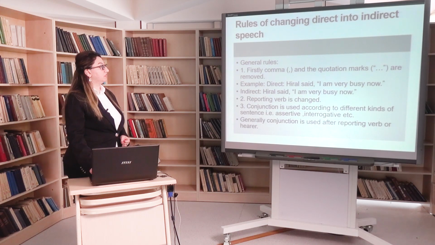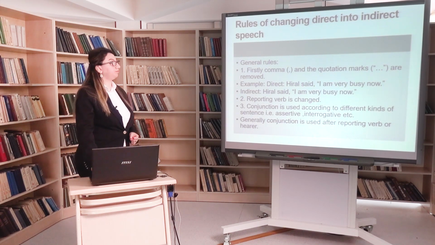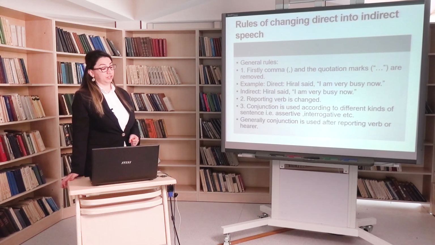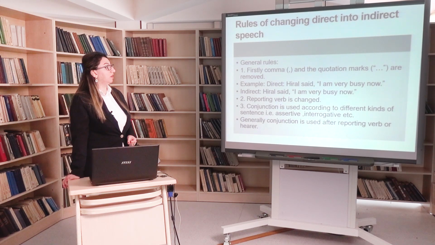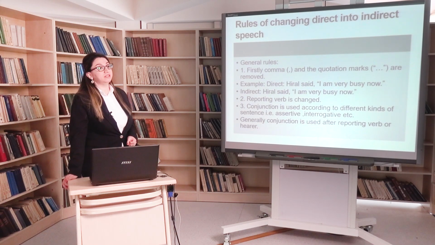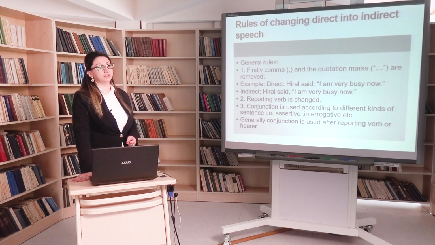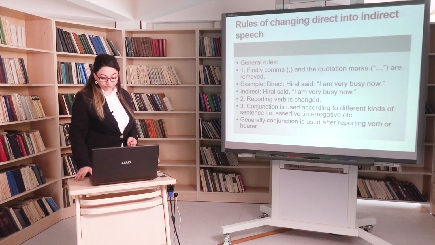There are many general rules about changing direct speech into indirect speech. Firstly, comma and quotation marks are omitted, and next, the reporting verb is changed. The third one, conjunctions, is used depending on the types of sentences, maybe assertive, interrogative, and etc.